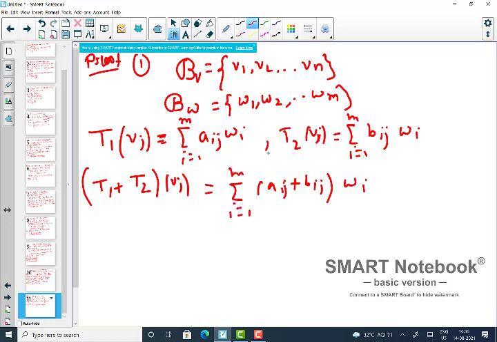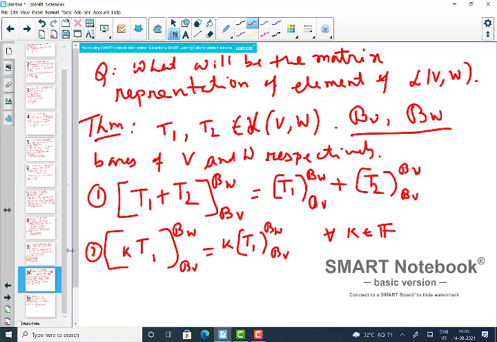This tells you that this is the jth column, so for every j, the jth column is of this form. That means the matrix representation is the addition of the two matrices. I am not writing anything more, since this is obvious from what I have written.